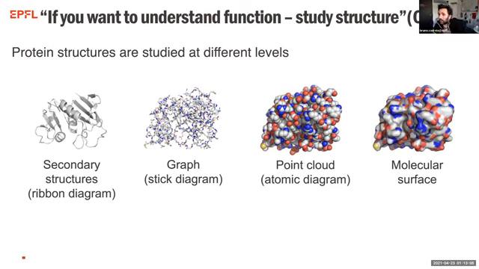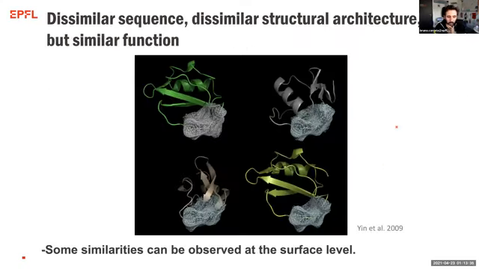Then you start getting into different types of representations. For instance, the atomic representation of a protein is no less than a point cloud. And then, a level higher, is the idea of representing proteins as continuous molecular surfaces, as I'm showing you here. And this will be the type of data that we are going to be working with in the next slides.